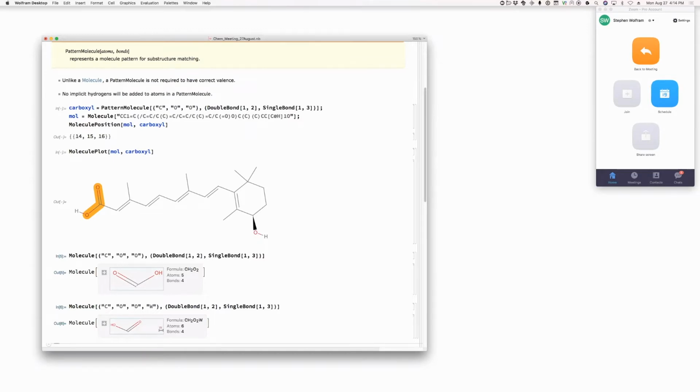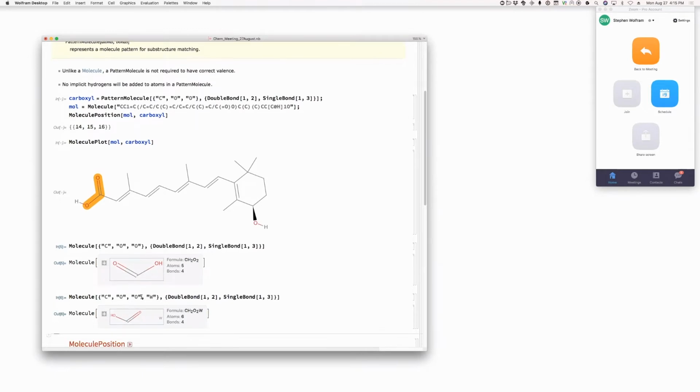These are things that you can't do in a molecule because you're being vague. I mean, in your pattern case, you want to be vague here. Rather than being specific that it's oxygen, you want to say something less specific. Is that correct? Right. You could use alternatives, O or C. Okay, fine. But I don't understand why that isn't just molecule, why it isn't just something like this, and it's just a molecule, right?